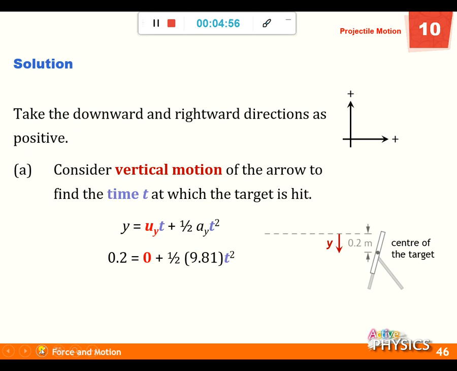So this part is wrong. Downward positive, upward negative. Then you can see that gravity should be positive, 9.81. y, going downward, should be positive. And once again, uy, because you project the arrow horizontally, the initial vertical speed should be 0.